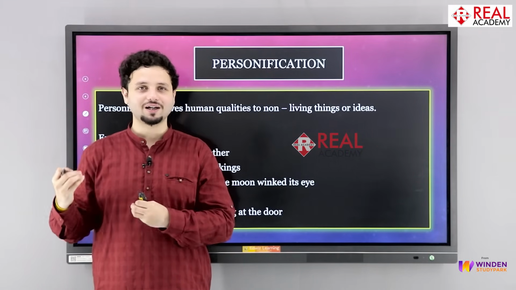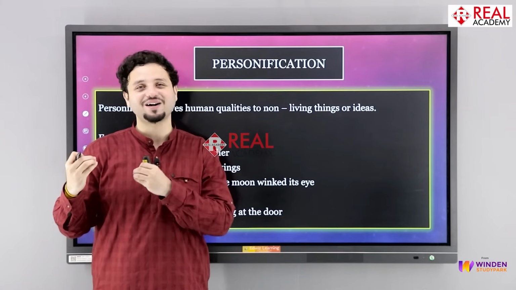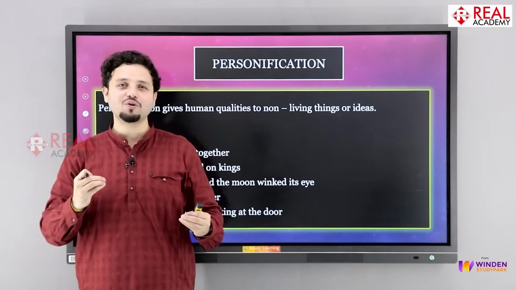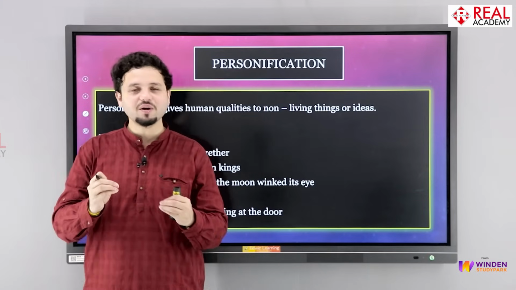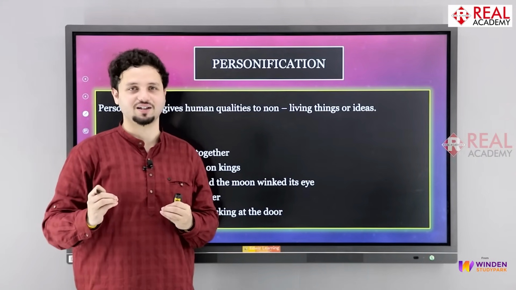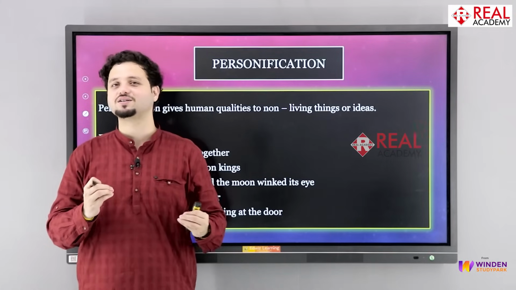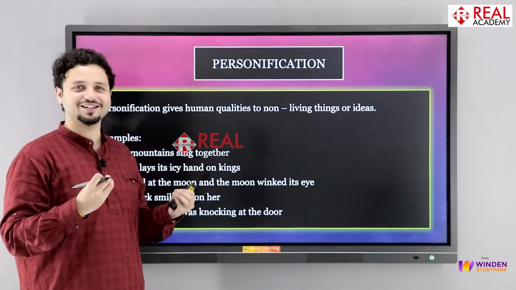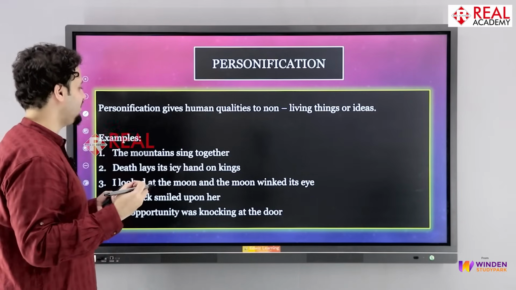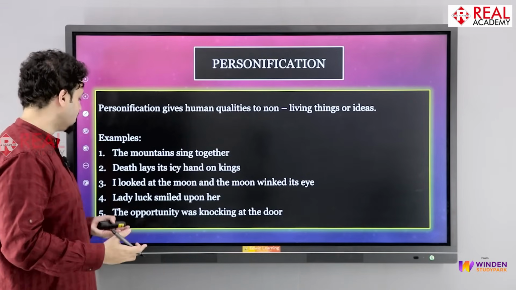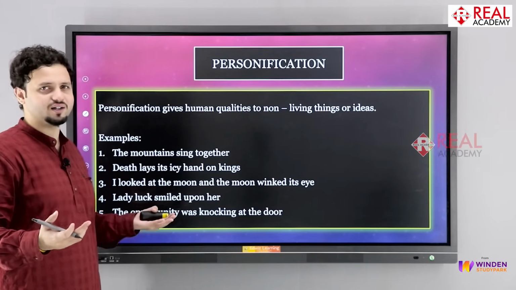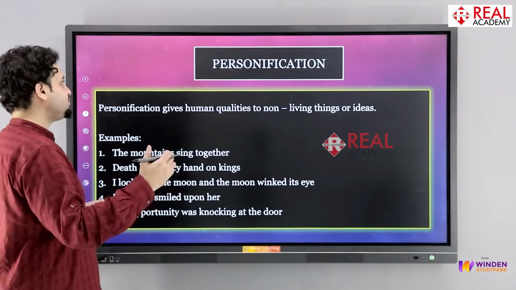Winking is a quality of human beings. But can the moon wink? No. So if you are giving a human quality to a non-living thing, then it becomes personification. There are so many such examples, like "the opportunity was knocking at the door." How can an opportunity knock at the door? A human being can knock, right?